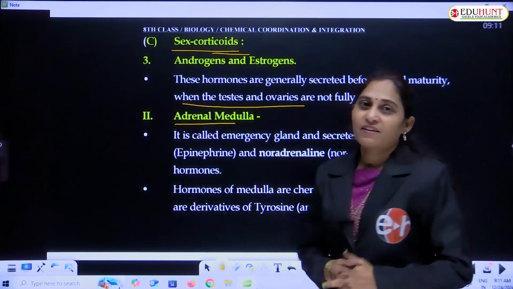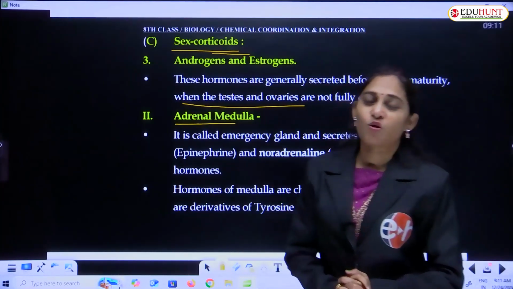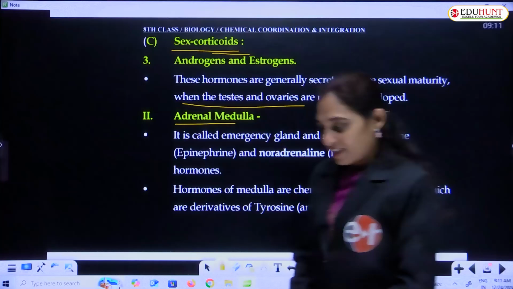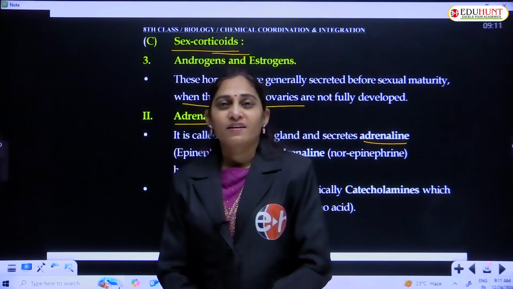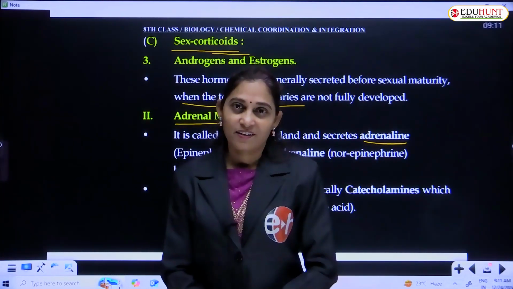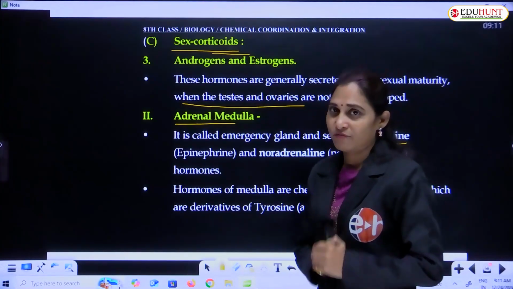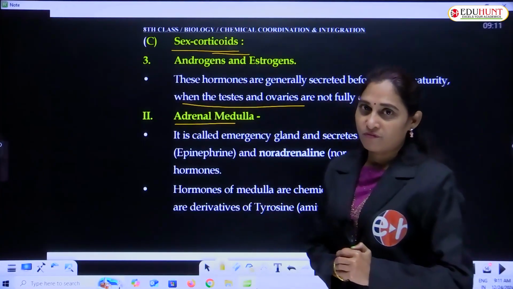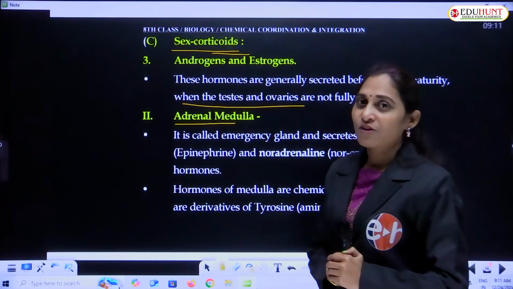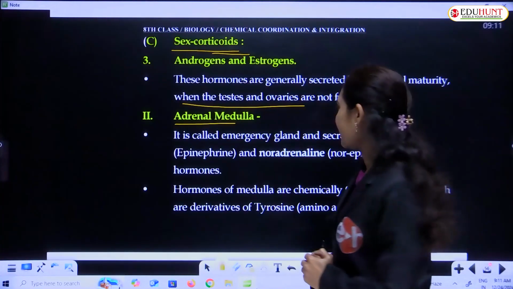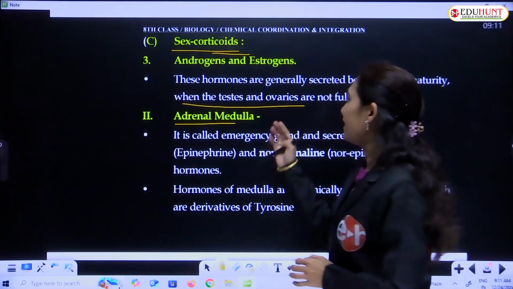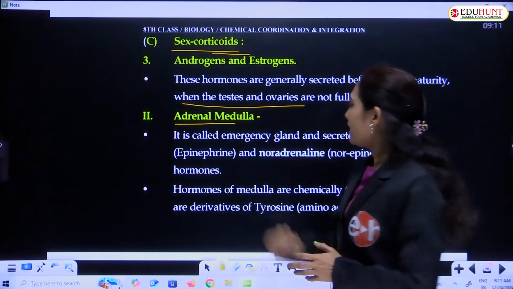The adrenal medulla secretes two hormones, epinephrine or adrenaline, and the second hormone, norepinephrine, also called noradrenaline, which are secreted by the adrenal medulla.